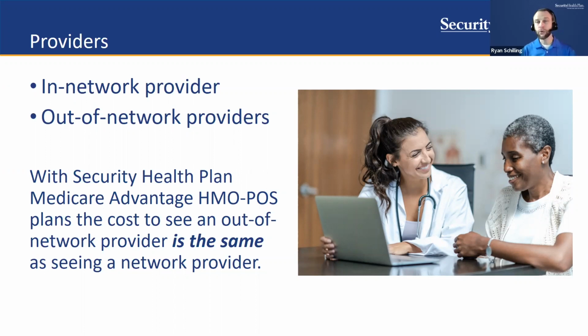But again, if you're going in for a service that requires prior authorization, in network, we can say that provider has to do the prior authorization for you so that you guys don't have to do the work to do that. In Florida, we could say, hey, I'd like you to do the prior authorization. They'd say, well, I don't care. I'm not going to do that for you. And we can't enforce or encourage them in any way. So it's not entirely the same where you go, but the cost is going to be entirely the same. You'd pay the same in or out of network on our Medicare Advantage plans.